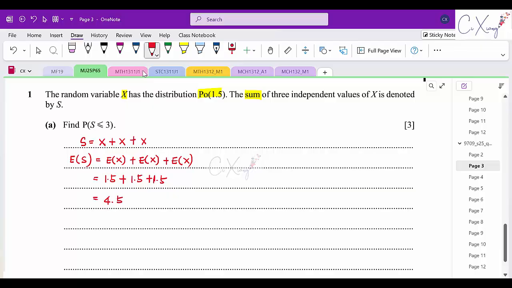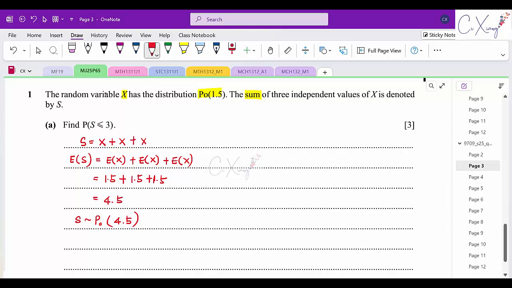So for the variable S, you need to have the new lambda. All the X are Poisson distributed, therefore the linear combination of Poisson is also Poisson distributed, where the lambda is 4.5.